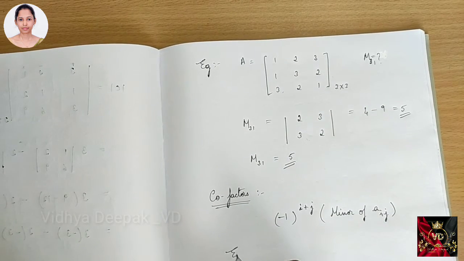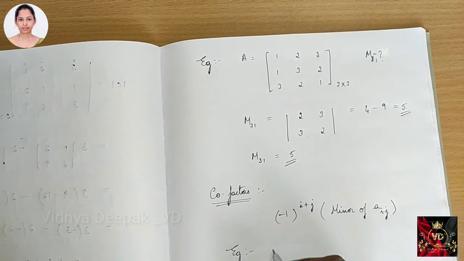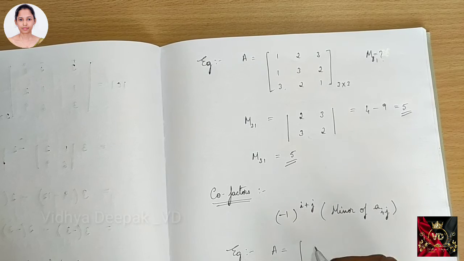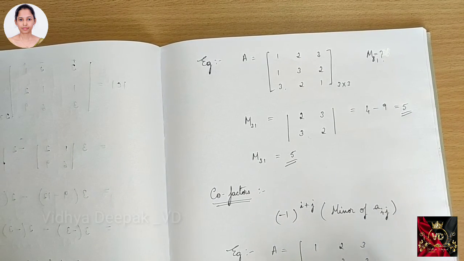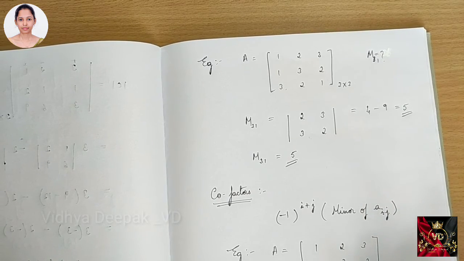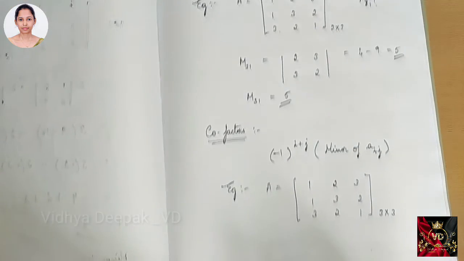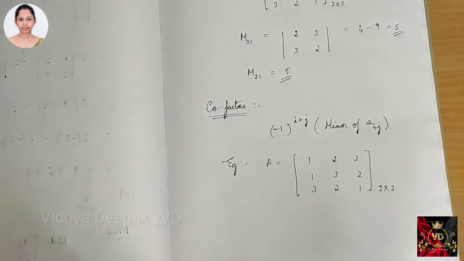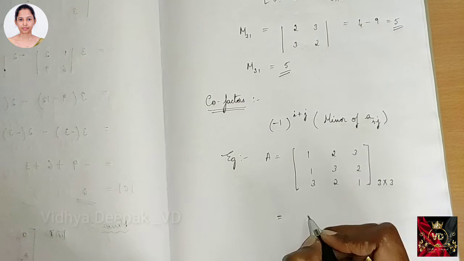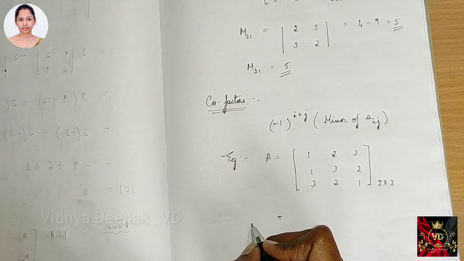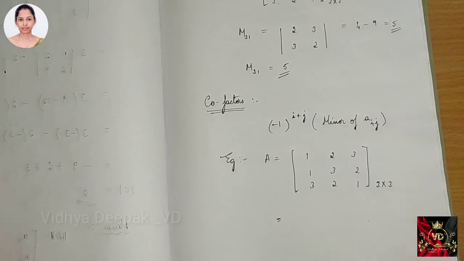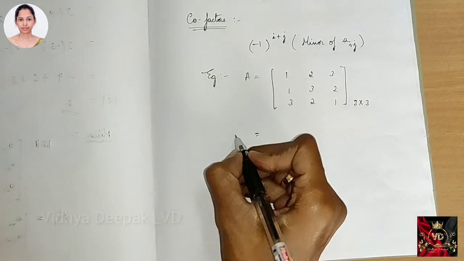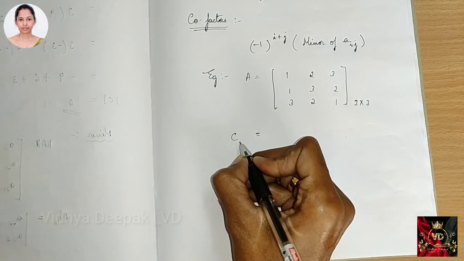Let us consider the same example and check out what is a cofactor. A is equal to 1, 2, 3, 1, 3, 2 and 3, 2, 1, which is a 3 cross 3 matrix, where I have to find the cofactor of, let's find the cofactor of A11.